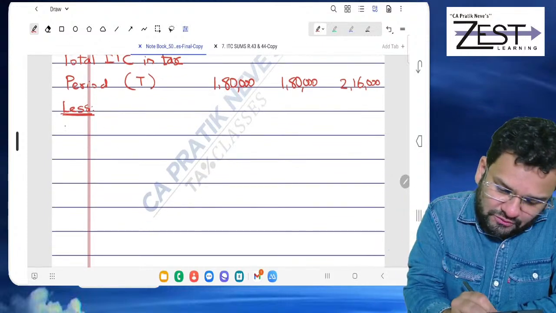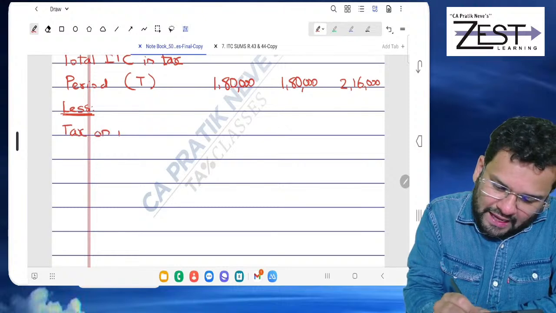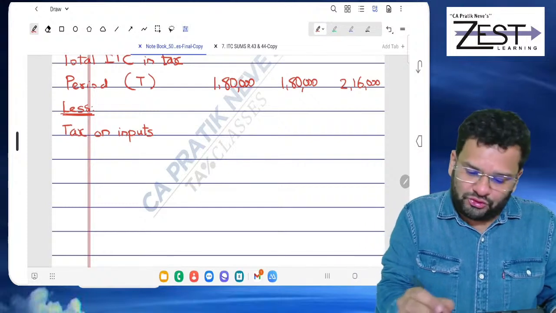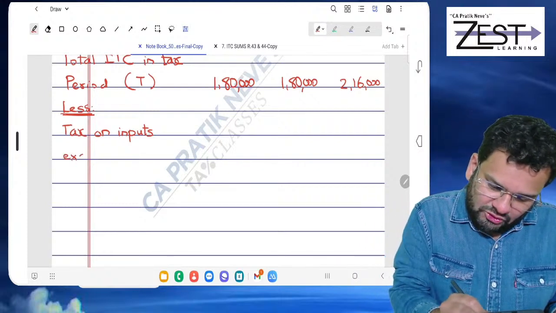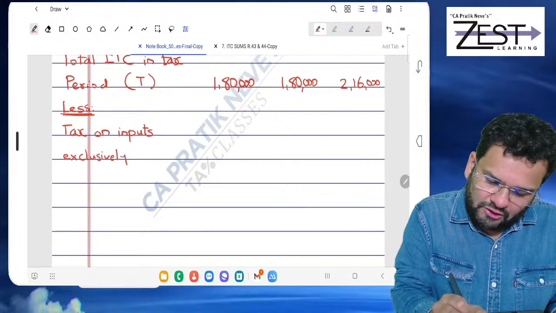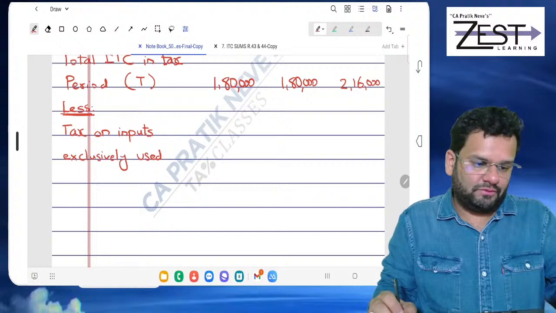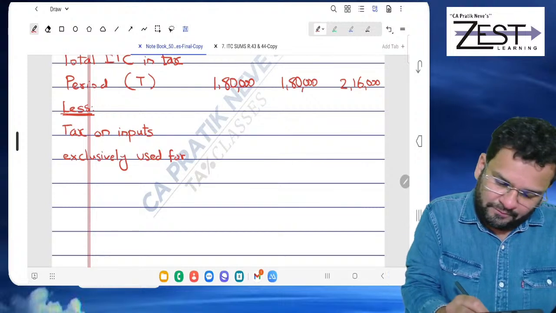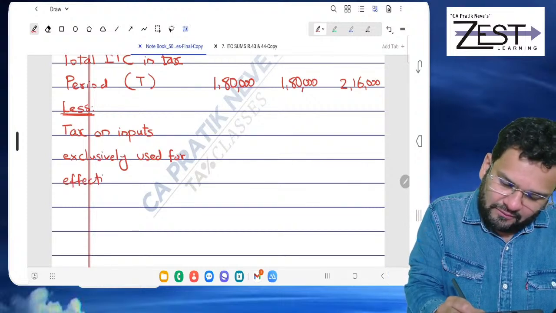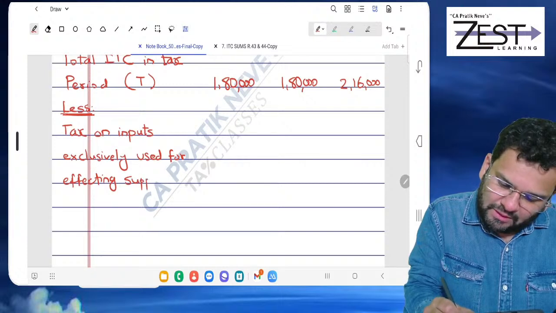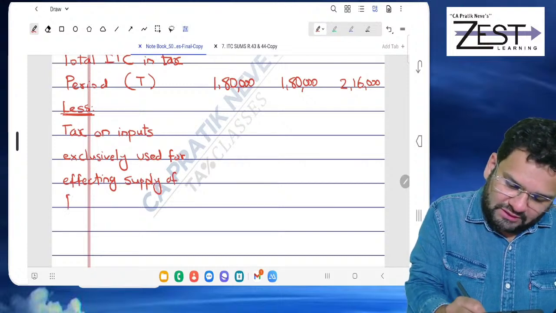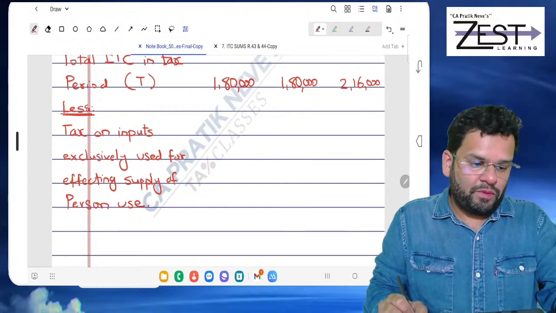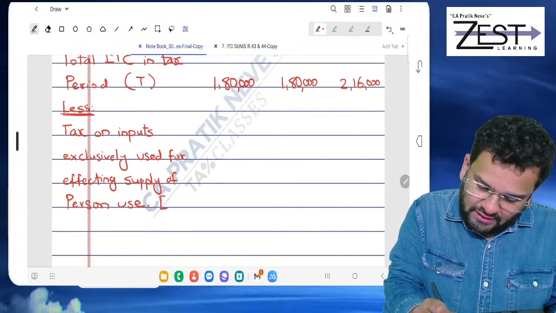Tax on inputs exclusively used, exclusively means only used for effecting supply of personal use. Did you understand this? This is called as T1.